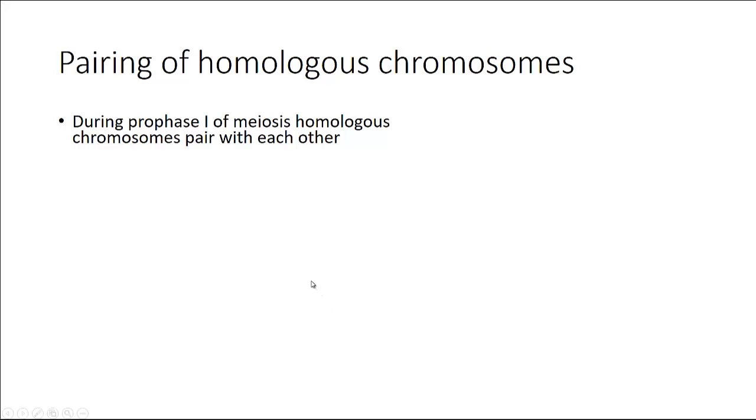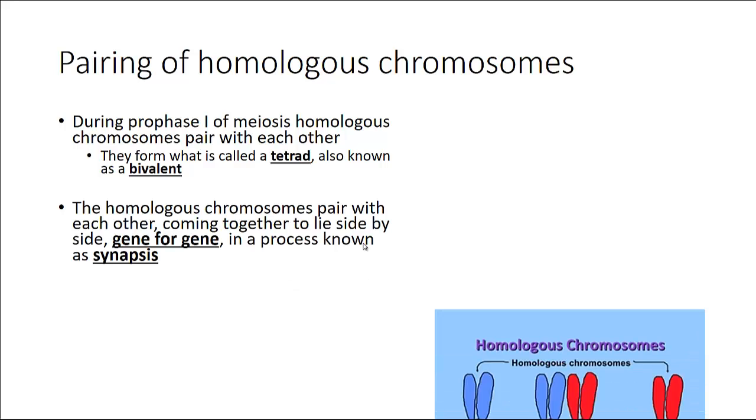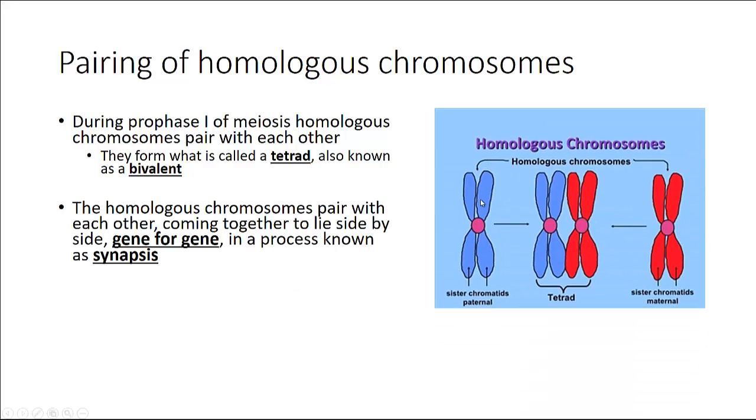So pairing of homologous chromosomes: during prophase 1 of meiosis, homologous chromosomes will pair with each other. They form what is called a tetrad, also known as a bivalent, depending on what textbook you're reading or what source. So here's what that looks like. Initially, we have 2 sets of homologous chromosomes. So these would be the matching set, call it chromosome number 1, for example.